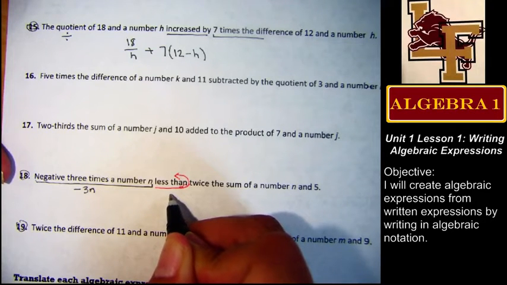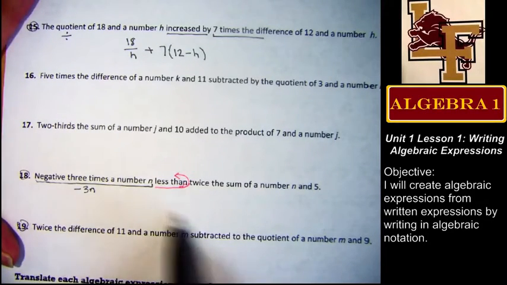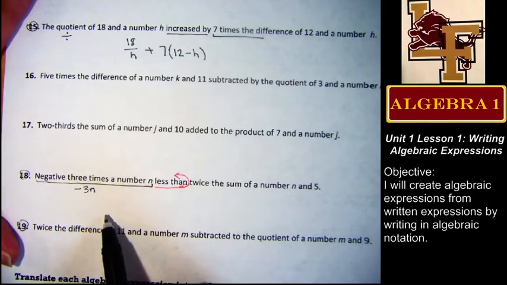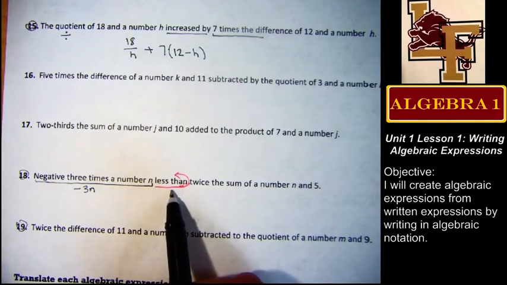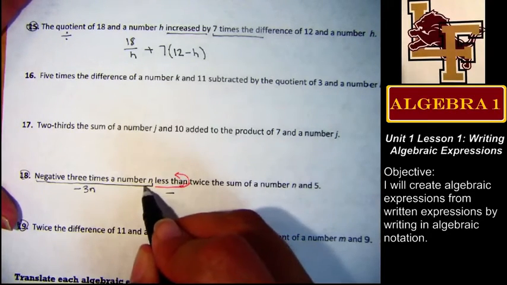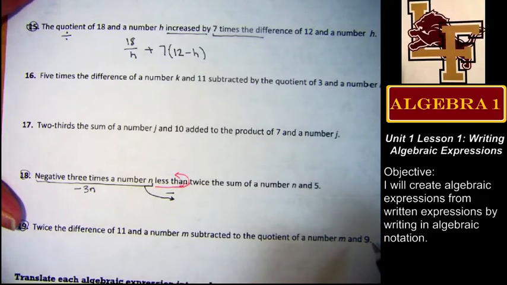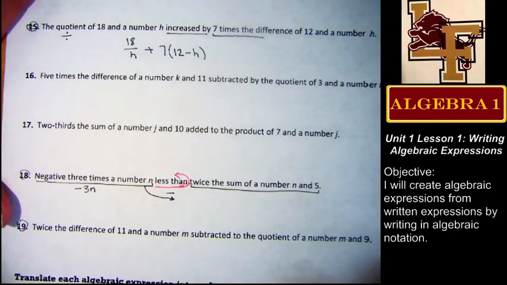We haven't gotten past the less than. We know we're going to reverse the order of things. So this thing is going to go over here, and this stuff is going to go over here in our final answer. But what operation is less than? Subtraction. Okay, so I know that this is going to move over this way. Let's handle this and then we'll clean it up and write our final answer.